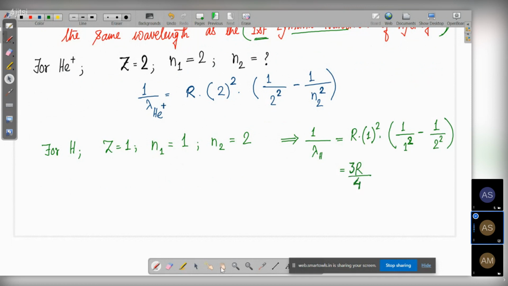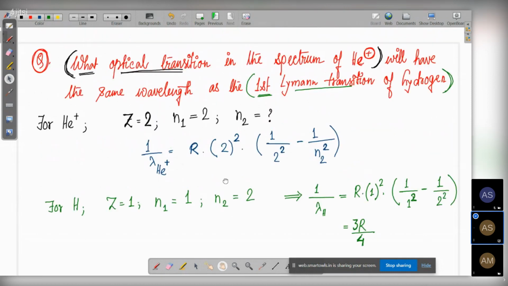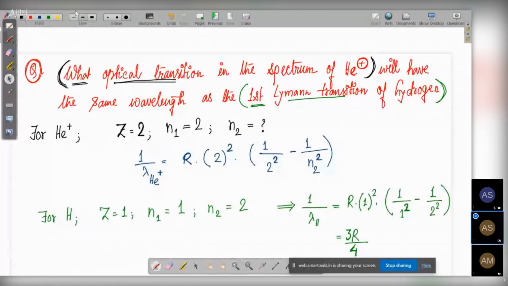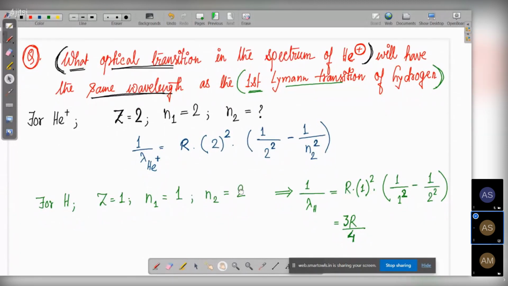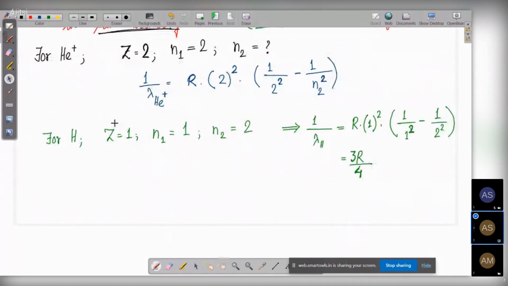Now what does the question say? The question says that they have the same wavelength. In both cases the wavelength is going to be the same. So according to the problem, lambda of helium plus is equal to lambda of hydrogen.